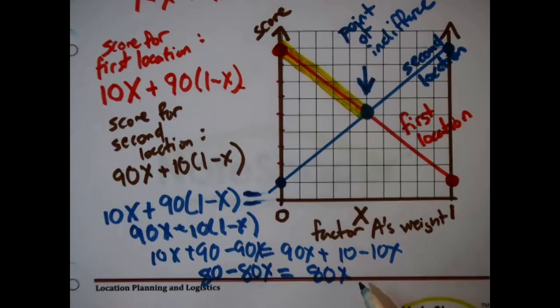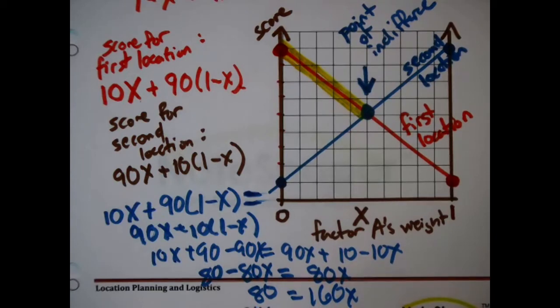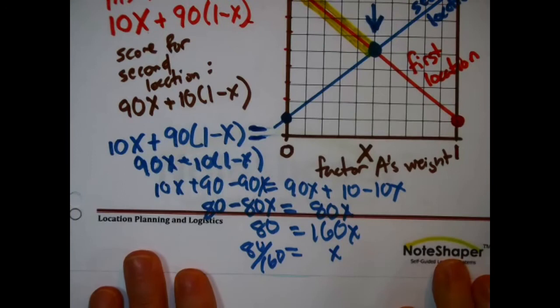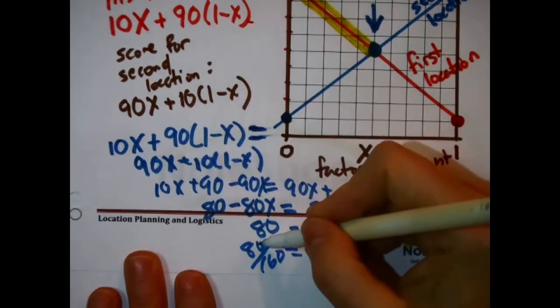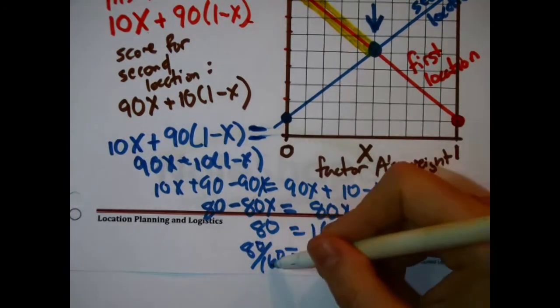That means that this is 80. Add 80x to each side. Negative 80x would disappear here, 160x. Oh, so x would equal 80 divided by 160. I have just about run out of paper, but wait. 80 divided by 160 is 0.5.